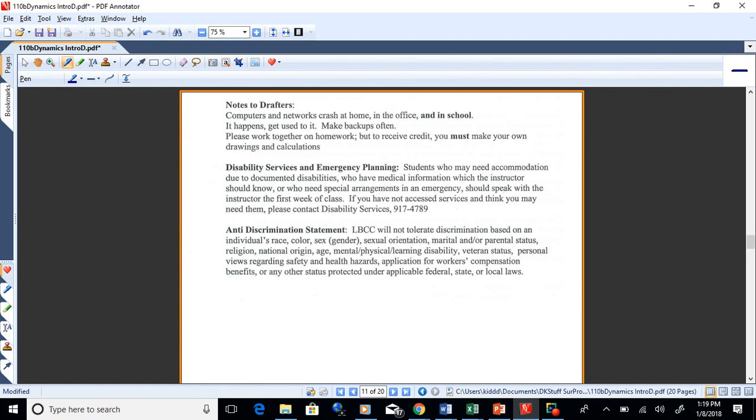So the disability services, emergency planning, if you need some sort of accommodations, just let me know and we'll work them out. No worries there, just communicate with me and we'll work that out. Anti-discrimination statement means basically treat people good, I think, even if they're different than you, all right? And we got quite a list of differences there, but just treat people well and with respect, and I think we'll be fine. I've also got a thing on academic honesty, okay?